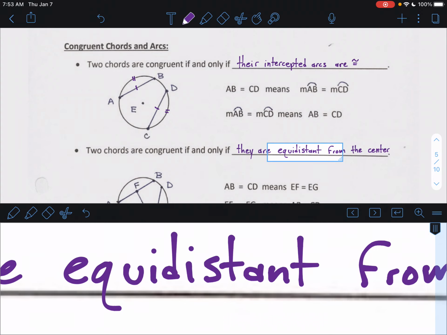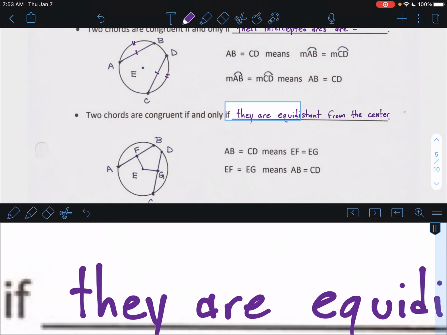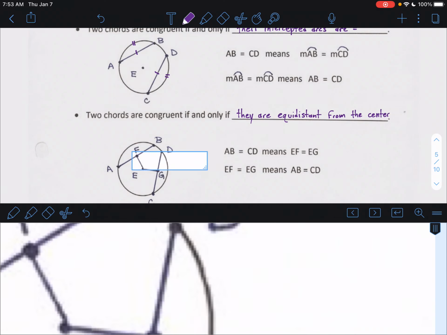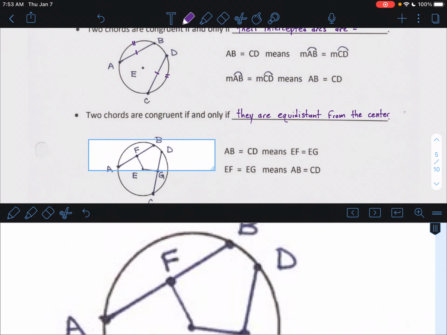Equidistant means the same distance, if we didn't know that. So they're going to be the same distance away from the center. And you would always measure the distance to the midpoint of the chord.